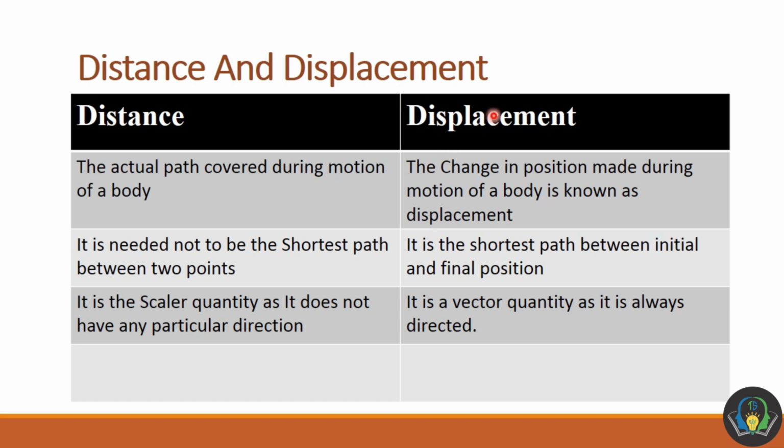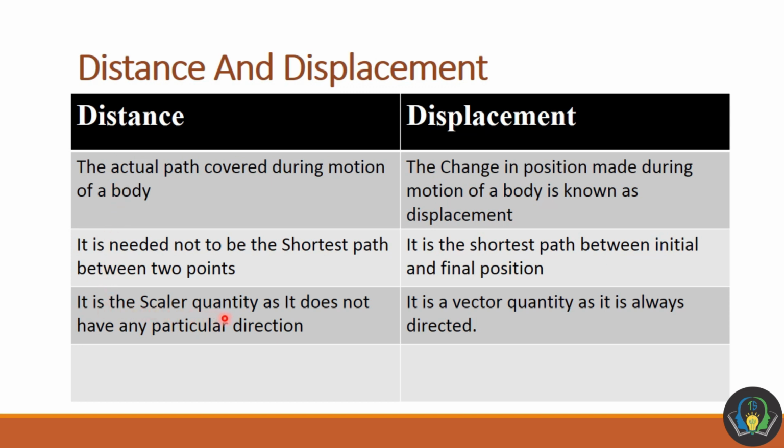I hope so far is so good. Moving ahead, distance need not be the shortest path between 2 points, as we have discussed earlier in the previous slide. Displacement is the shortest path between initial and final position. And that brings us to the last point about it.